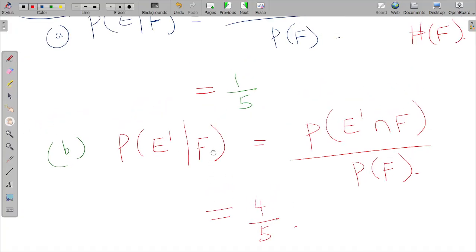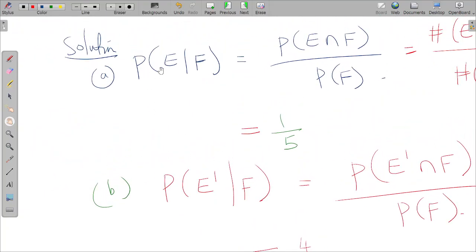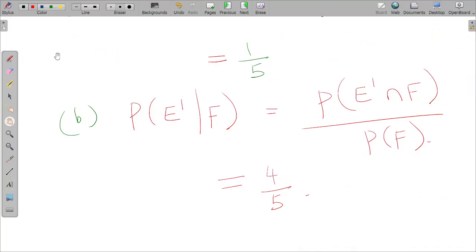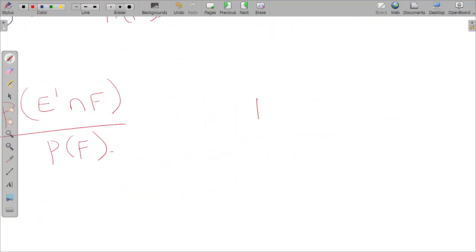Let me quickly show you something here. You will discover that when we have the probability of E given F and the probability of E complement given F, in conditional probability this equals 1. So take note of this. The probability of E given F plus the probability of E complement given F should be equal to 1.